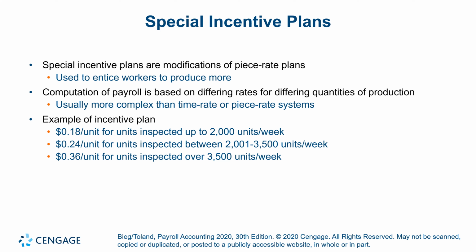If they make sales between 20 and 25, maybe they get a 15% commission or whatever, right? So it could also work for different types of pay structures, not just piece rate systems, but incentive plans have been proven to increase employee motivation and employee production and efficiency.